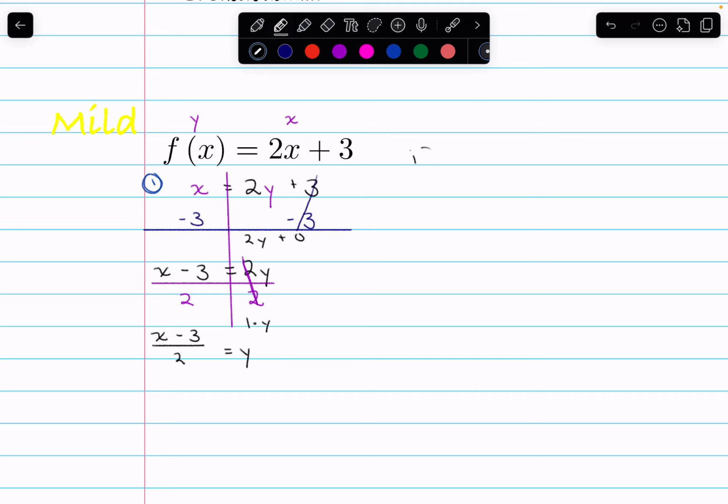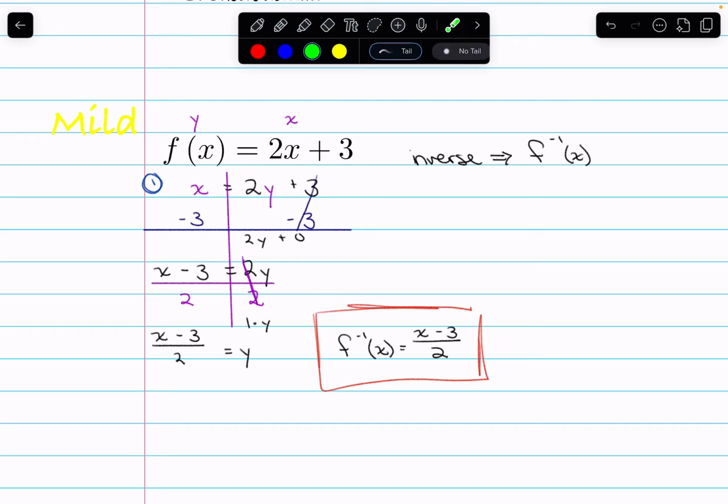An inverse function is written as f to the negative 1 of x. So f of x is our original function. f to the negative 1 of x is our inverse function. So our final answer is going to look like this. f to the negative 1 of x equals x minus 3 over 2. That's our ending answer.